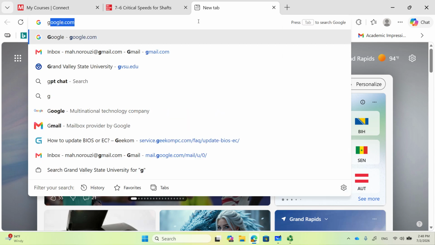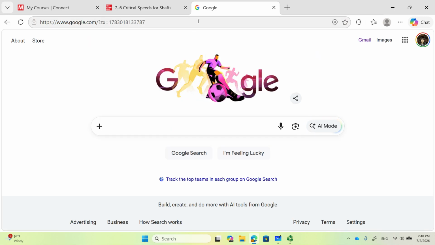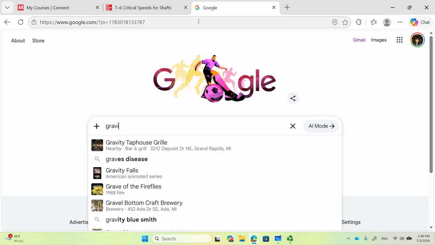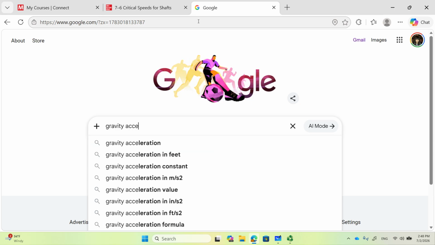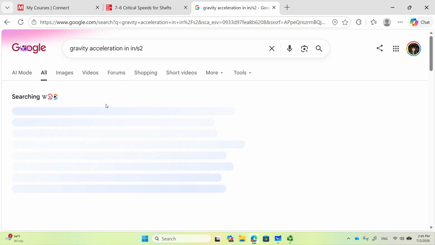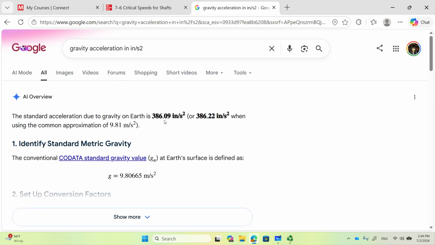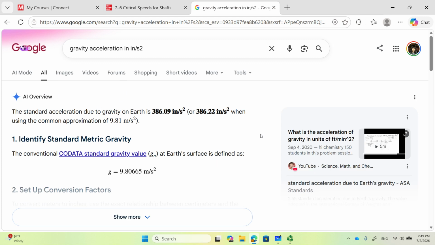So let me see how much that is. I don't remember it. Gravity acceleration in inch per second squared is going to be how much? 386.09.